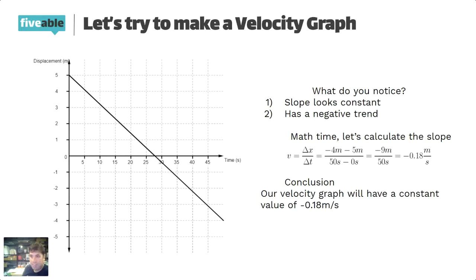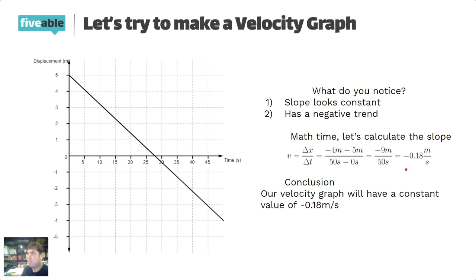So, pause for a second. Does this seem reasonable? Not is it right or not, but does this make sense in our minds? All right, so hopefully you're seeing things like, yeah, that kind of makes sense. The slope is negative because our graph definitely has a negative slope here. If we ended up with a positive slope, obviously we made some major mistake in the math or missed a minus sign somewhere on the line, something like that.